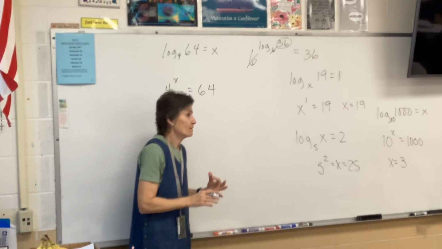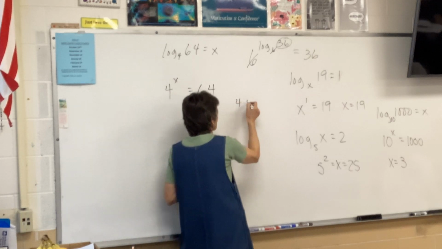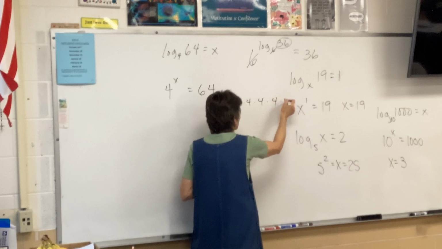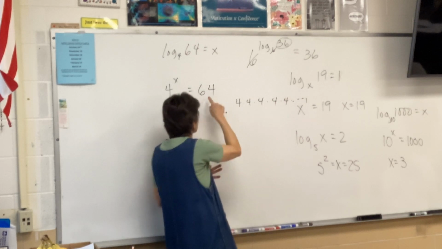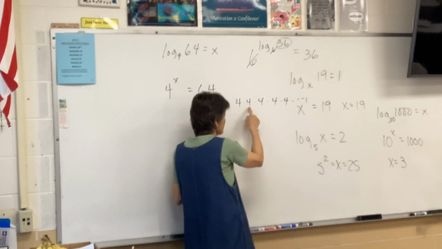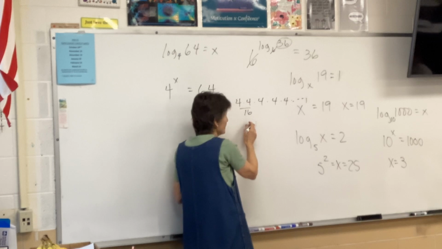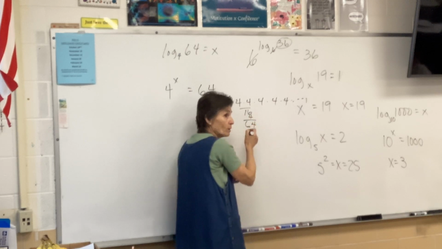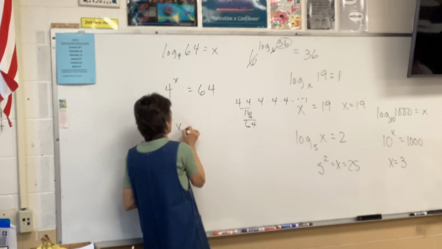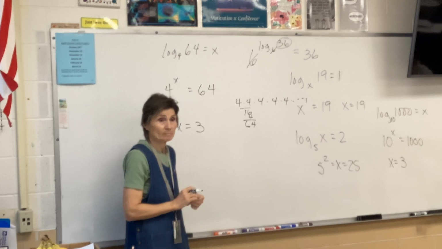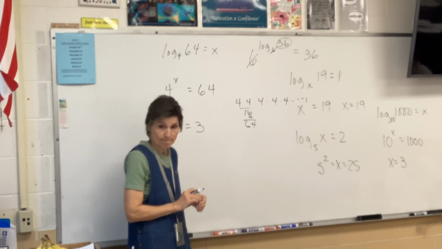And then you just got to figure out how many 4s it takes to get 64. So 4 times 4 is 16. Times another 4 is 64. So how many 4s does it take? 3. So x equals 3. Okay?